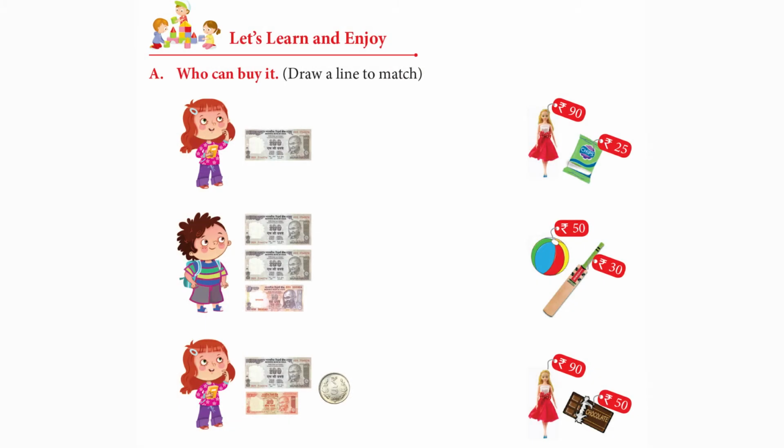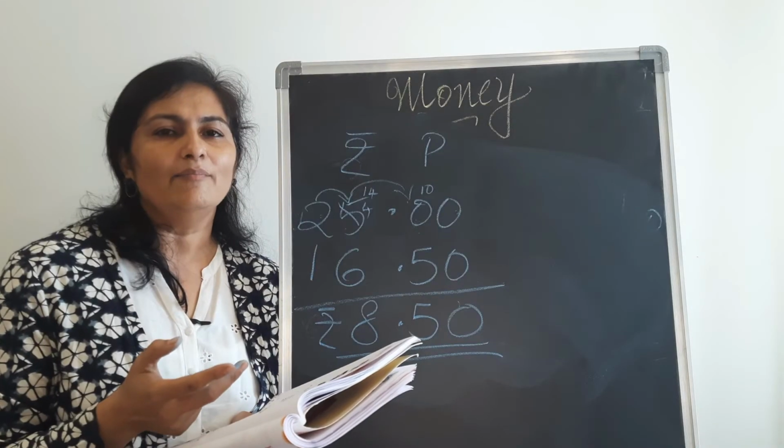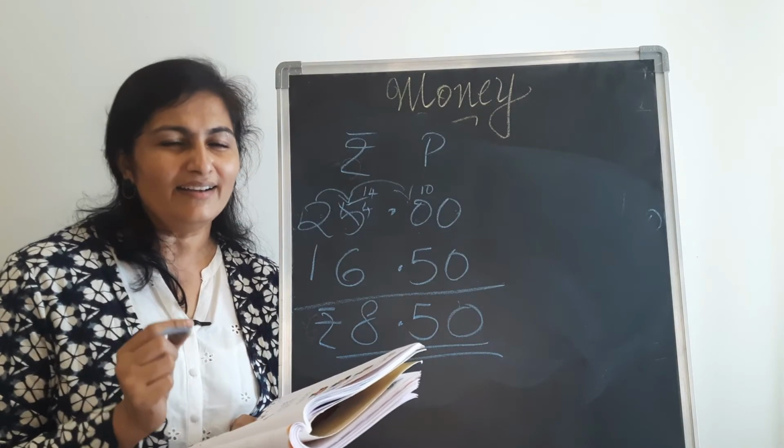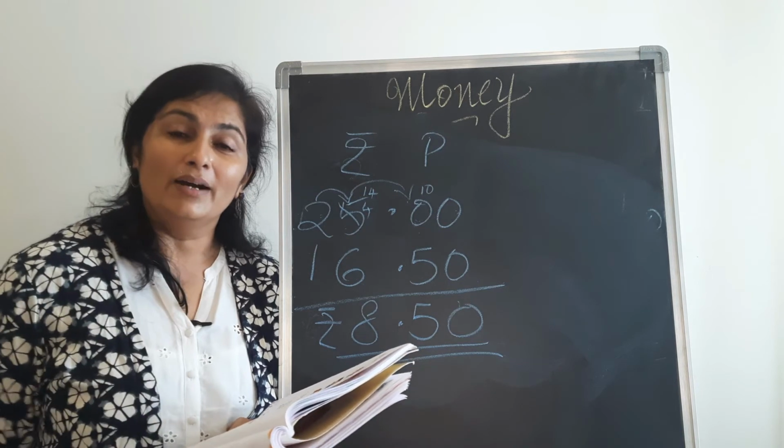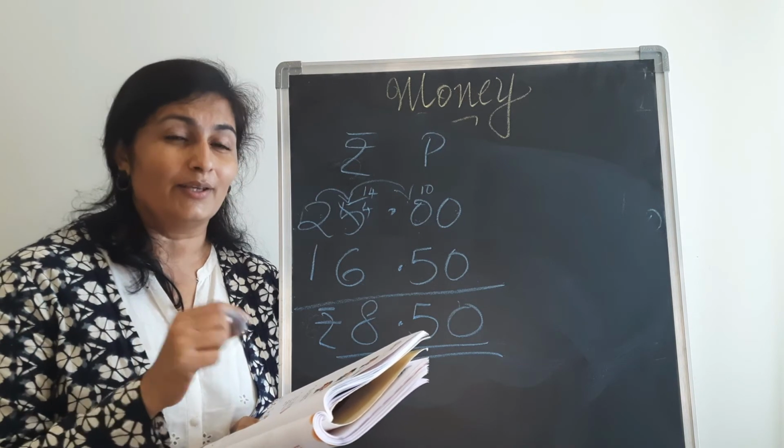Can you all see it? Look closely. Then the second child has 100, 200 and 210. The third child has 100 and 20 and 5. So what can they buy with the amount that they have? It's a fun activity, but it's also making your brain think and work and also understand the use of money.